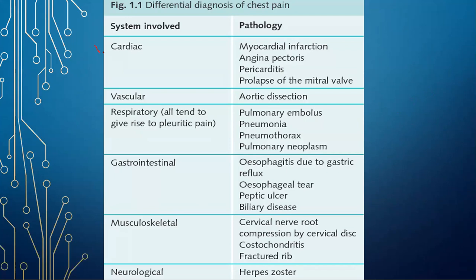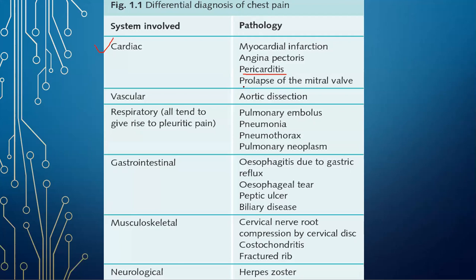What are the cardiac causes which can cause you chest pain? Very important to consider is myocardial infarction, or sometimes it could be just stable angina or unstable angina. Another thing is pericarditis, which is inflammation of the outer covering of your heart, which we call the pericardium.